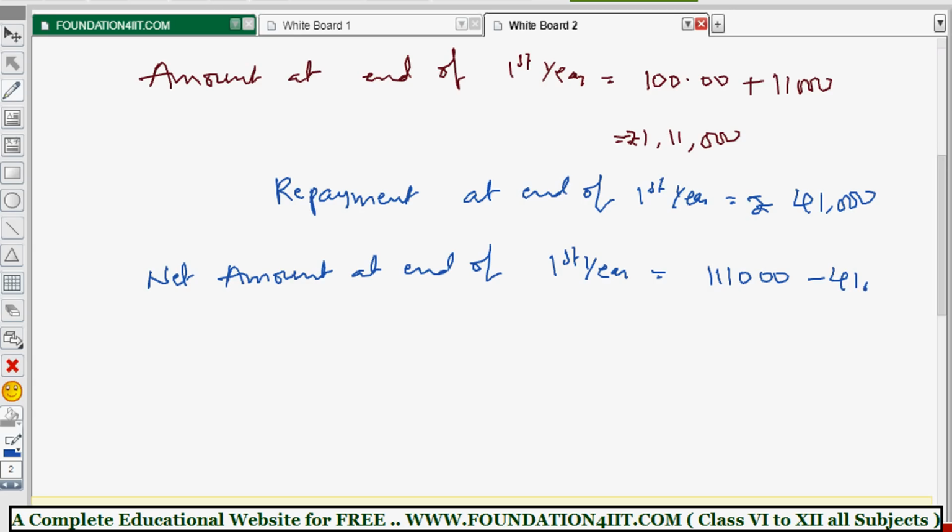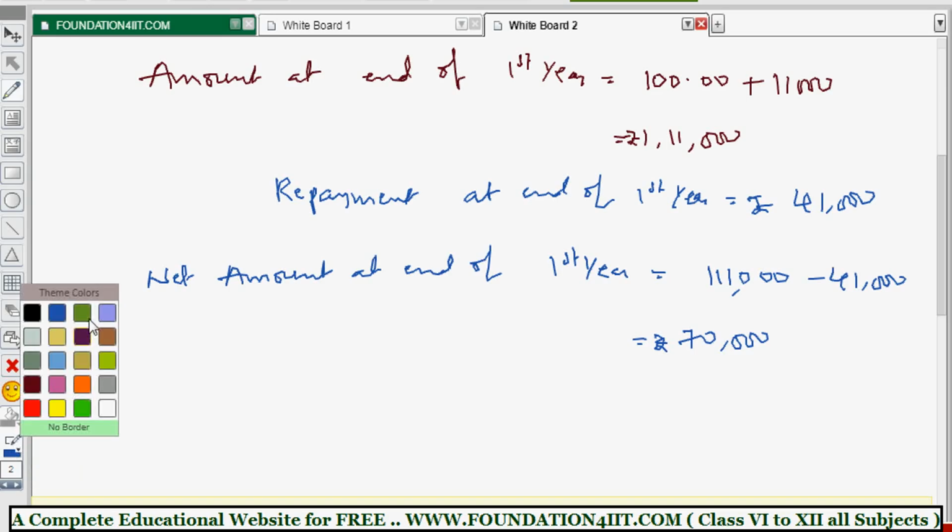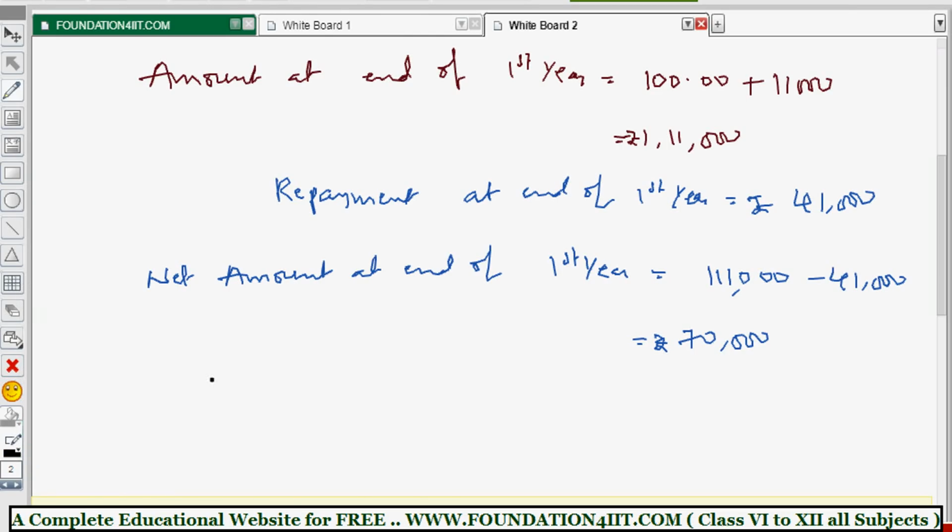From this 41,000 we'll subtract. 1,11,000 minus 41,000 is 70,000. Now 70,000 only is the net amount at the end of the first year. Now this will become the principal for second year. Okay, whatever the net amount is balance, that should become the principal for the next year.